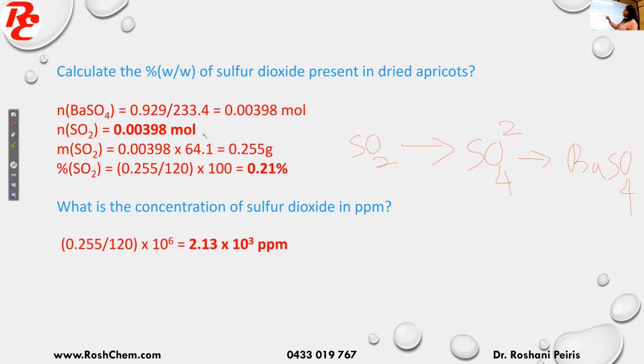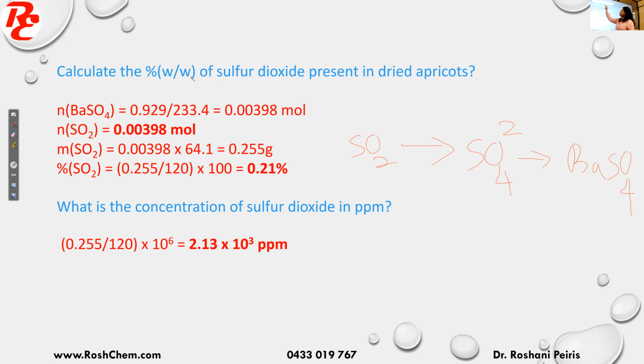Then I can find the mass of sulfur dioxide. How do you find the mass? Moles times the molar mass. This is the mass of sulfur dioxide. Then you can find the percentage of sulfur dioxide. Percentage of sulfur dioxide equals the mass of sulfur dioxide divided by the mass of sample, because it's asking to calculate the percentage weight to weight.